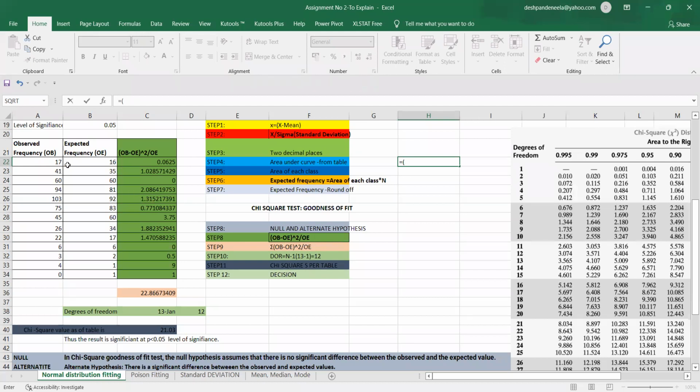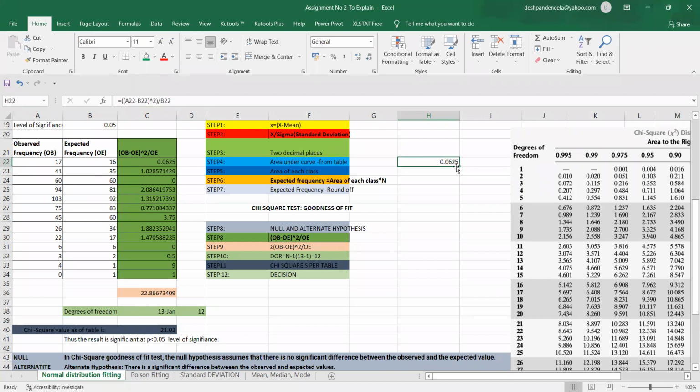So OB is A22 minus the expected frequency B22, in brackets, and I can give a square sign. I will put all this in brackets and divide the whole thing by OE, the expected frequency, so that the whole formula fits into one cell and you don't have to go for unnecessary calculations, because that will add more complexity.